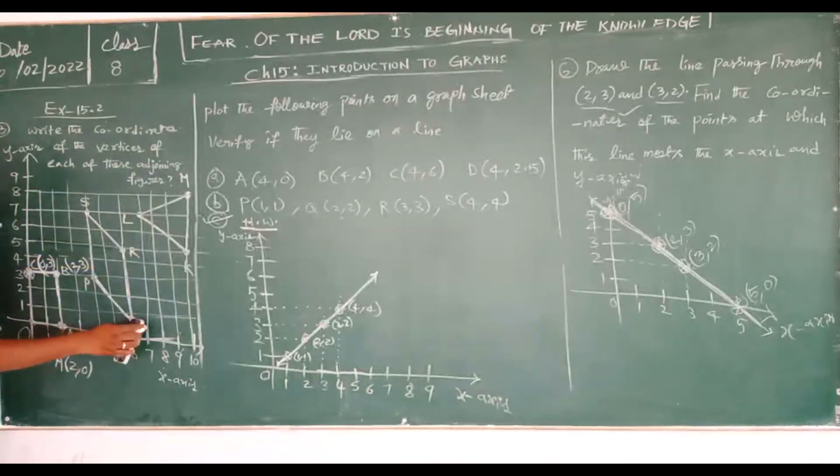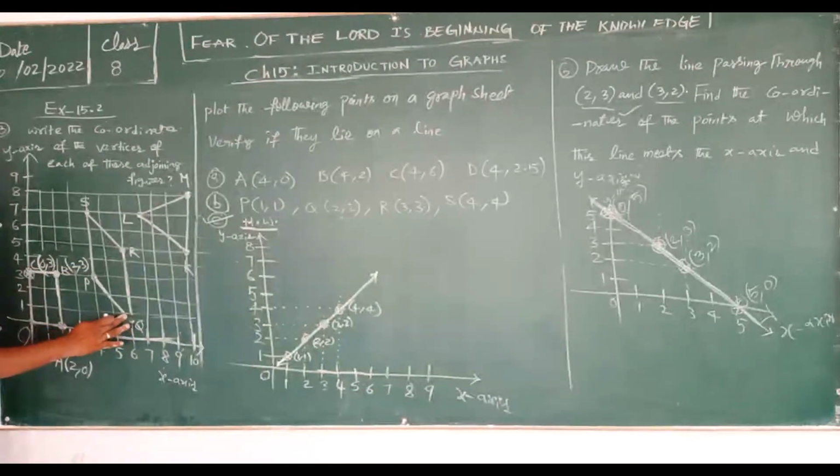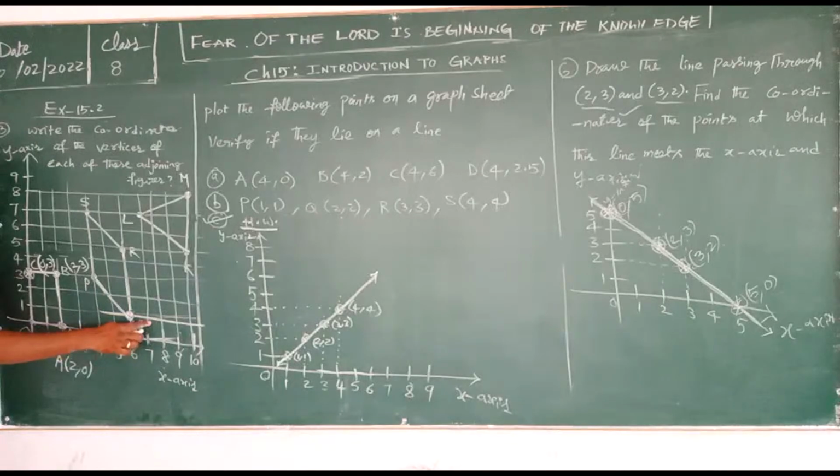Let me write now for Q. The line here is not proper, so let me draw one line here for Q. Observe now, 6 is there for this Q. I'm going to write your answers here itself. So for Q, X is 6.